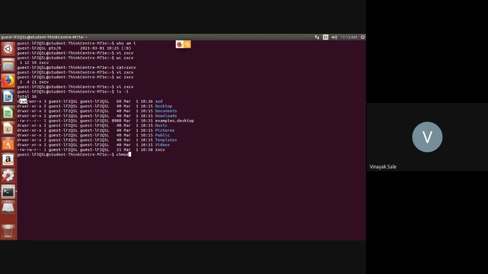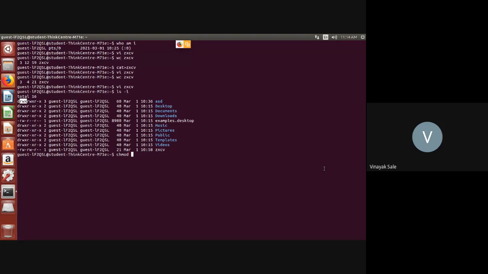The first three letters RWX indicate the permissions for the owner. Then the next three letters RWX are for the group owner, and the next three RWX are for the others. So I want to change this. There is here permission for read, write and execute for user or owner.